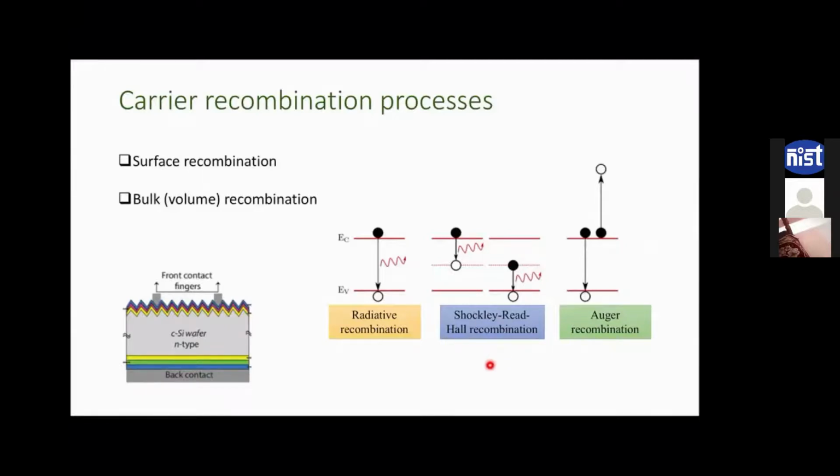What happens in this kind of recombination is that if you have a trap state sitting in energy within the forbidden gap, or band gap, of your semiconductor, there is a high probability that the electron will relax down or get trapped by this defect site. Now this electron is sitting in the trap site, and there are two ways by which it will recombine with a hole and get lost.